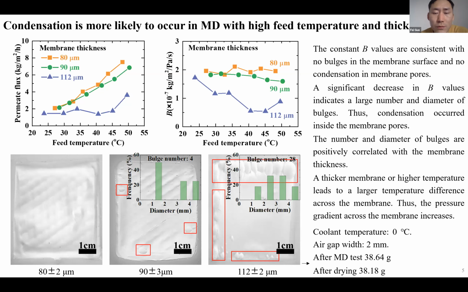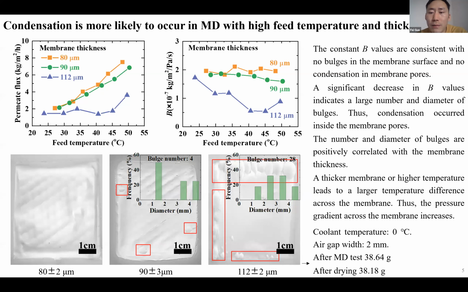For the membrane thickness of 112 micrometers, the B value decreases significantly, and there are a large number of bulges with large diameter on the membrane surface, so condensation occurs in the membrane. A significant decrease in the B values indicates a large number and diameter of bulges, that is, condensation occurs inside the membrane pores.